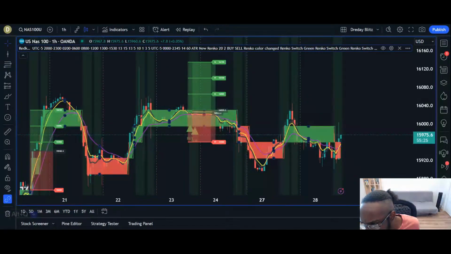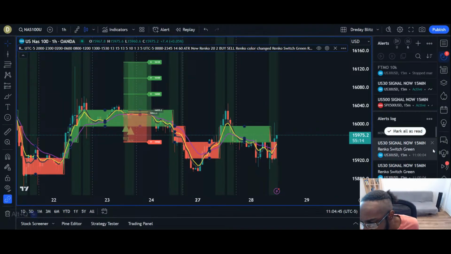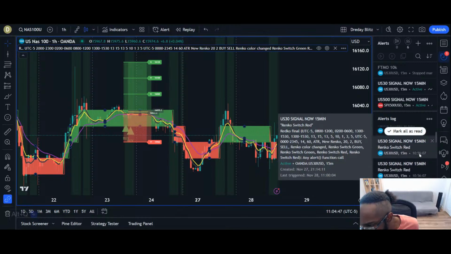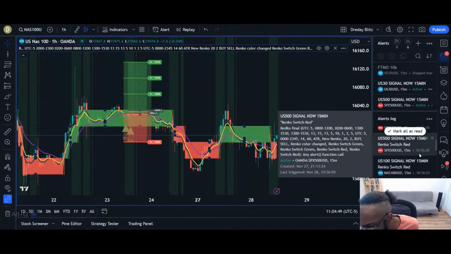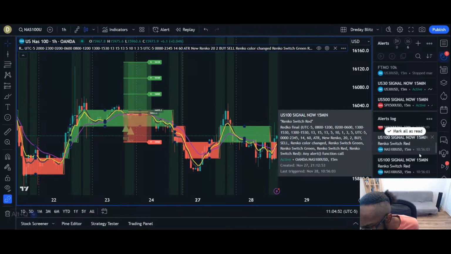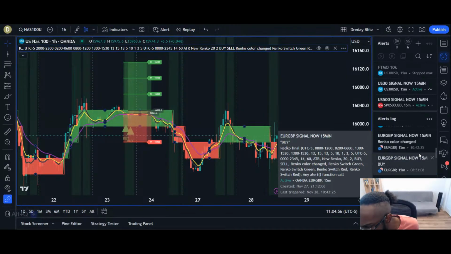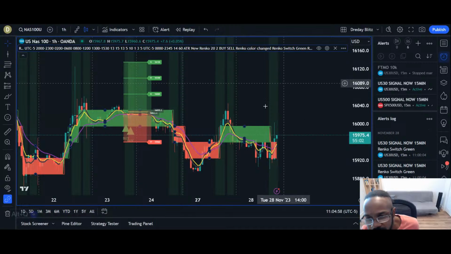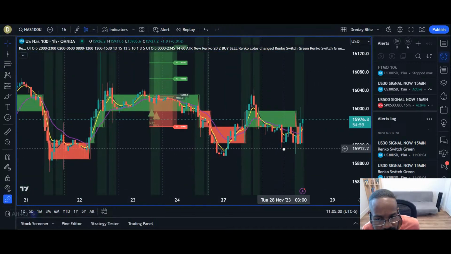No, I don't have a buy signal today. I don't see a buy on my screen. Let me check on the signal switch color, switch red. No buys on NASDAQ, Leon.